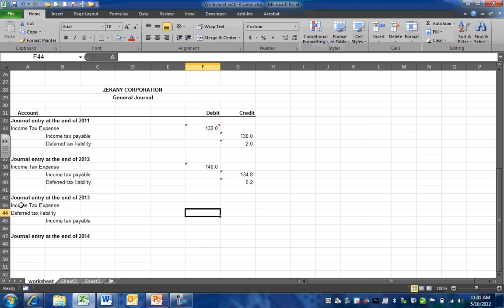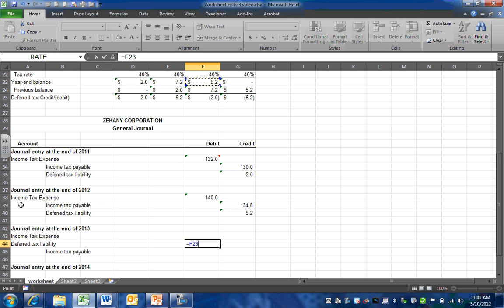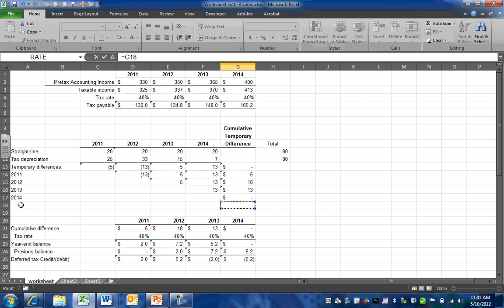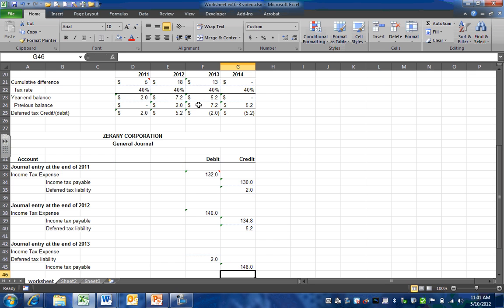For 2013, our deferred tax liability, we said, is going to be 2 million. So why don't we just type it in there so we don't have a negative number. Our income tax payable is 148, which means our income tax expense is our credits minus our debit, or 146.